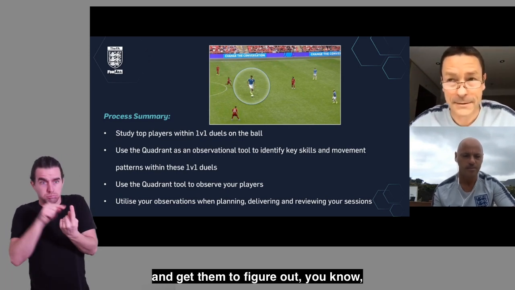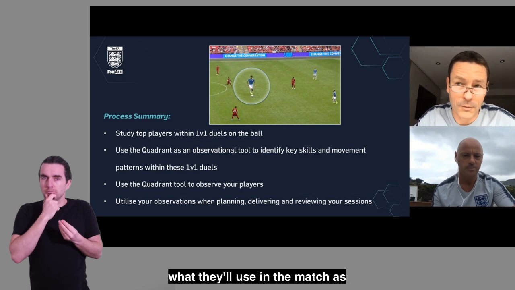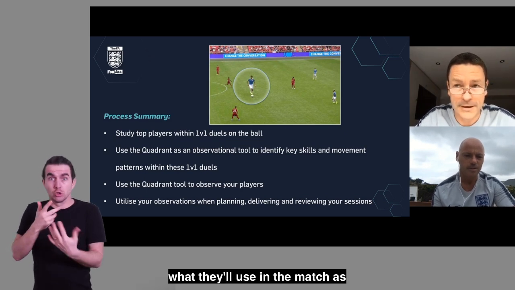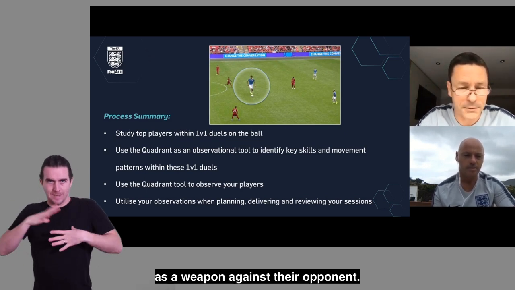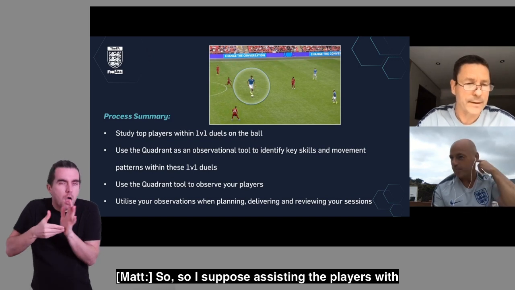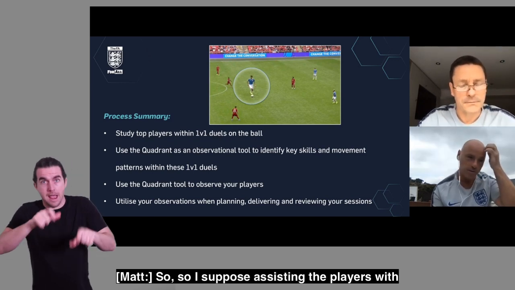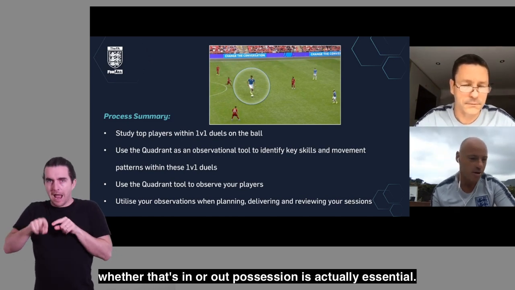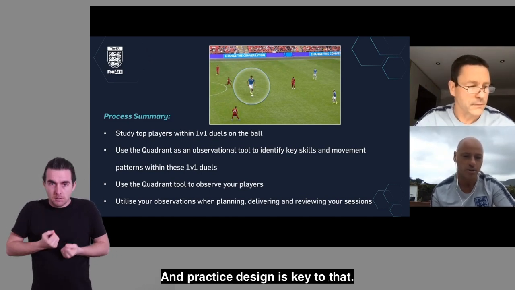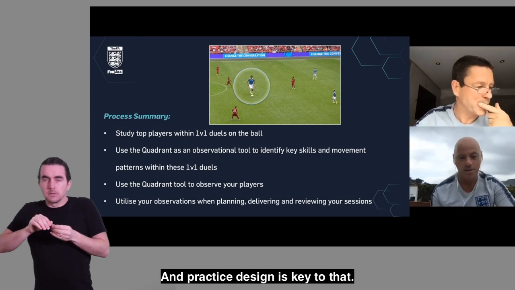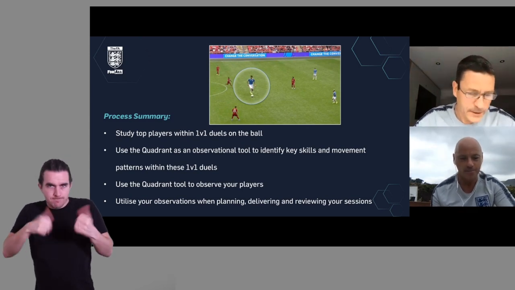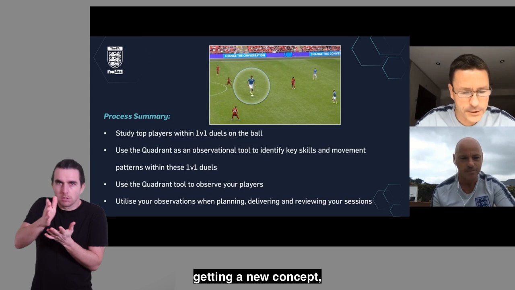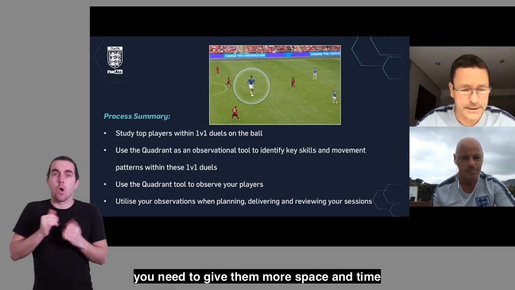Yeah, and get them to figure out what they'll use in the match as a weapon against their opponent. Yeah. So I suppose assisting the players with identifying those emerging patterns, whether that's in or out of possession, is actually essential, and practice design is key to that. Yeah, and as they're building it up, getting a new concept, you need to give them more space and time.